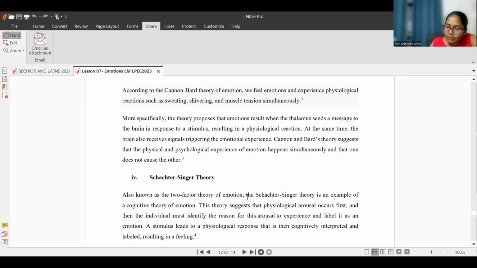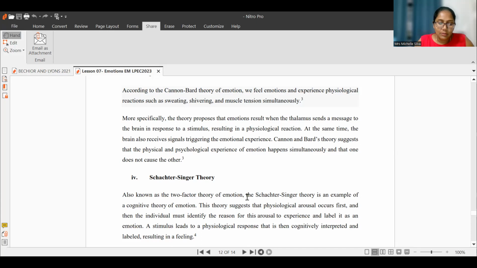According to Cannon-Bard, when the incident happens, the physical change, the physiological change, and the cognitive expression of the emotion, that means interpreting the emotion, happen together.